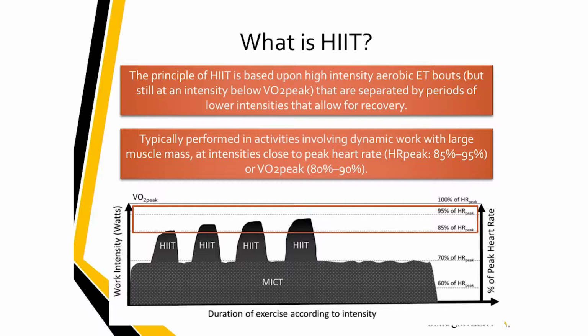If you look at the second bullet here, the target heart rate should be anywhere between 85 to 95% of your peak heart rate measurement. So for the most part, you should do a maximal effort test to determine what that peak heart rate is, and then from there, you bring it to 85 to 95% of that peak heart rate.